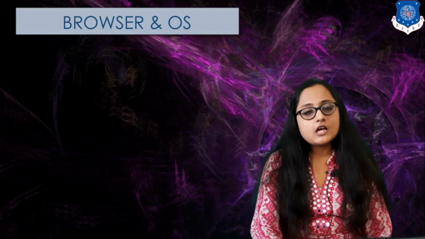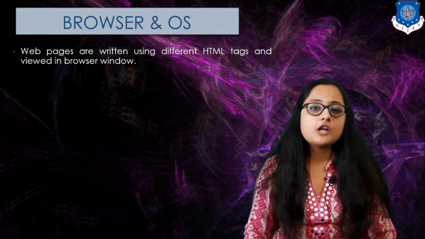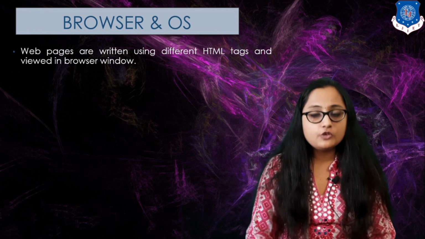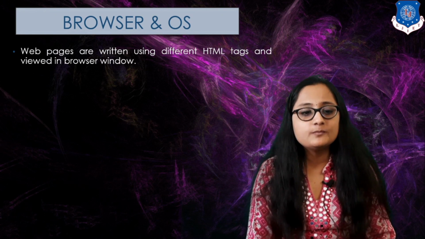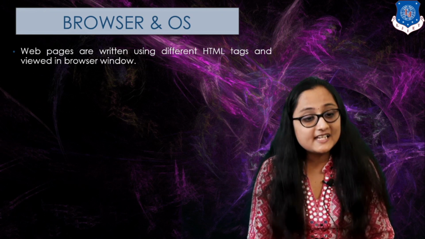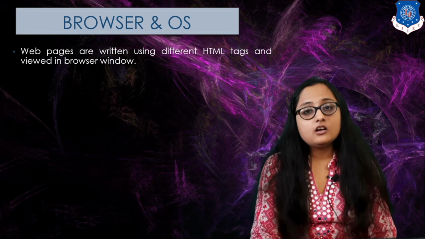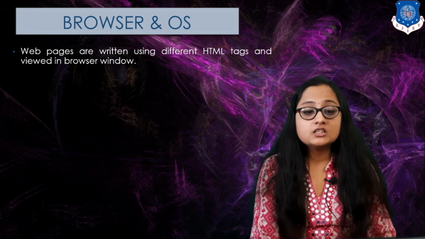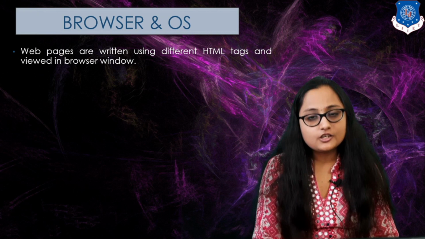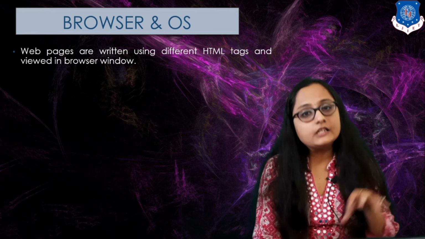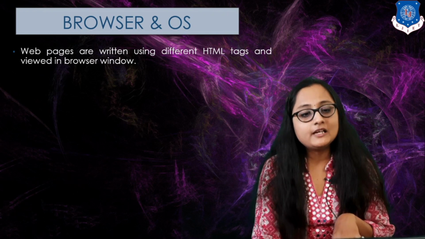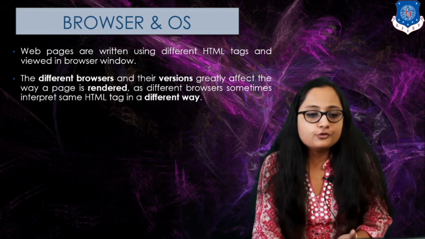So let us start with the first issue, that is browser and operating system. Now you may wonder, ma'am, what has browser and operating system to do with our website designing? Basically your web pages are written in HTML, right? And the browser is the software that will interpret or parse these HTML tags and display them to you.